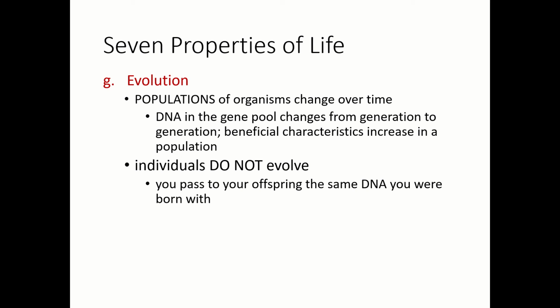But all organisms, all groups of organisms, change over generations. The DNA in the gene pool changes from generation to generation, meaning that some traits become more common and other traits become less common. Beneficial characteristics increase in a population because they help individuals survive and reproduce.